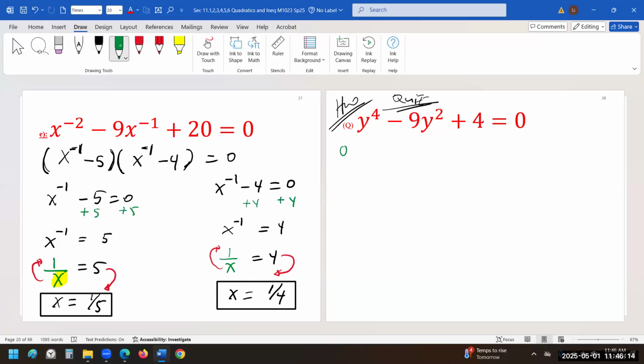Whatever you do, if you use the quadratic formula, previously we had x equals negative b plus minus square root of b squared minus 4ac over 2a. For example, here we don't have x.